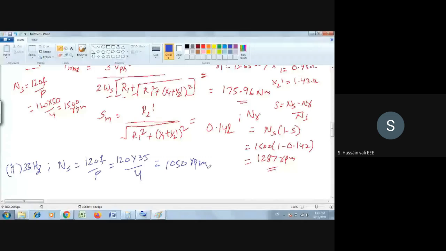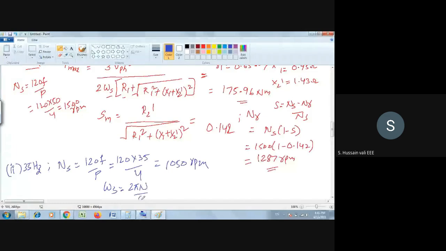So once we got 1050 rpm, from this we can find out omega s also. So what is the omega s you will get here? Omega s is 2 pi N by 60. That is omega s.